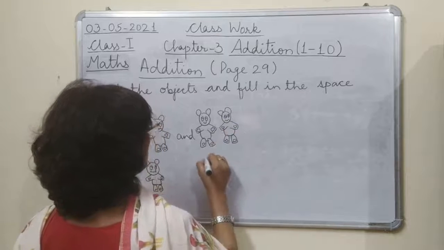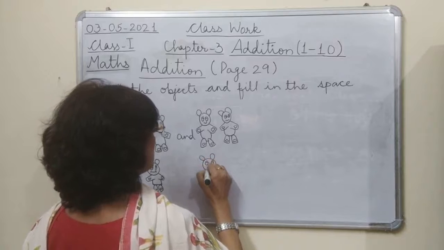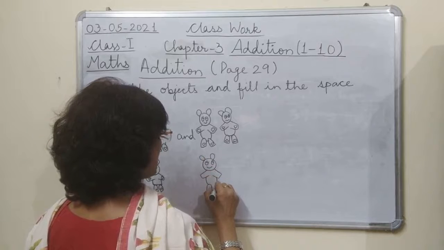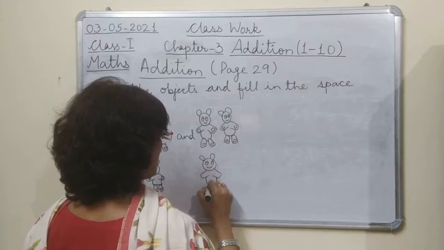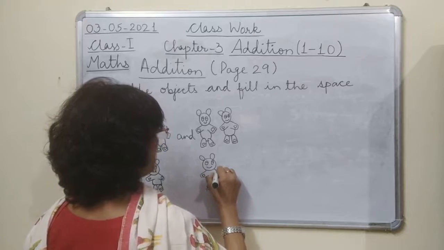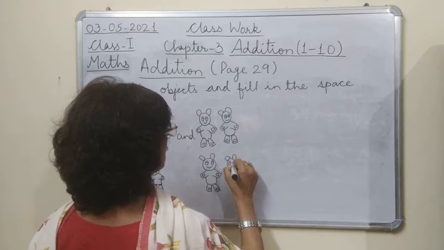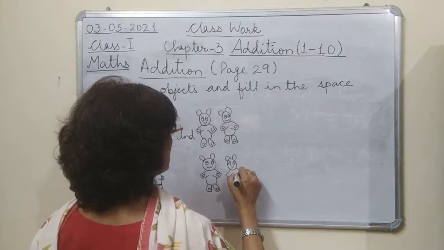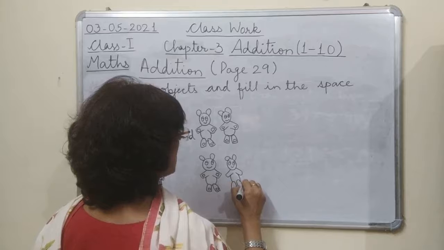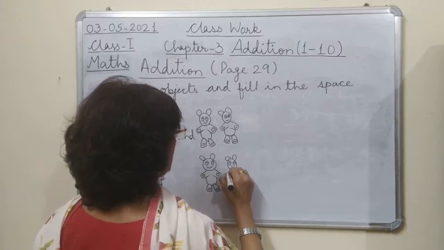We have to make 2 more. 1 2. Three, and this is the fourth one. Okay, so how many teddy bears do we see?